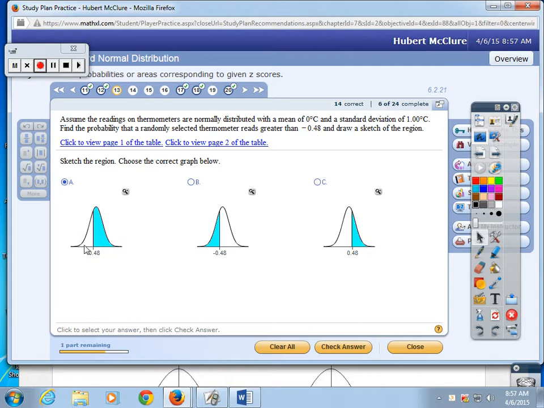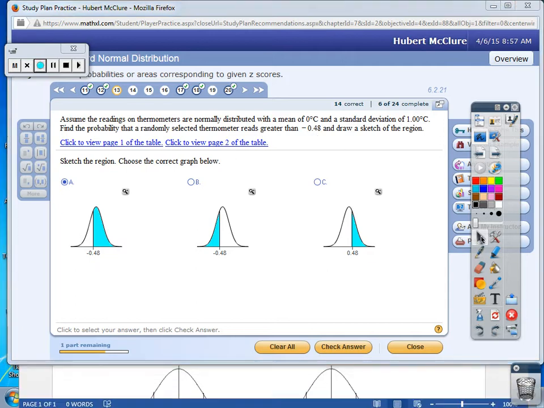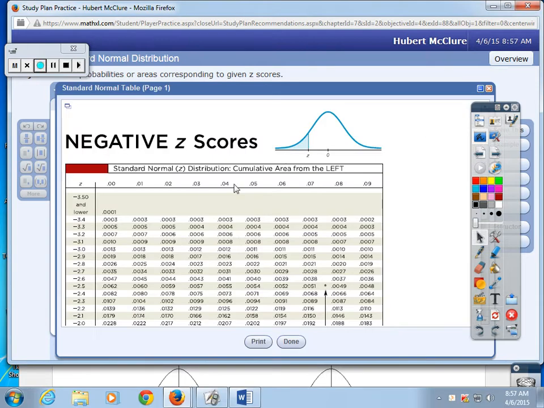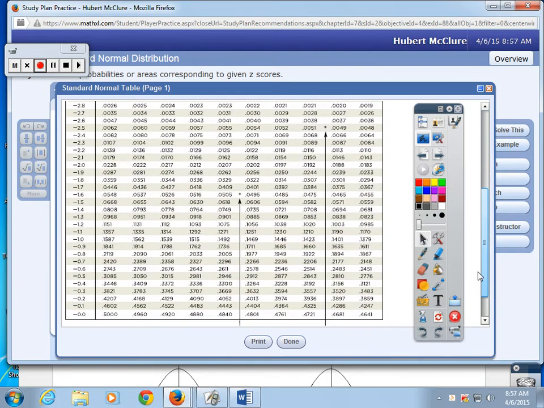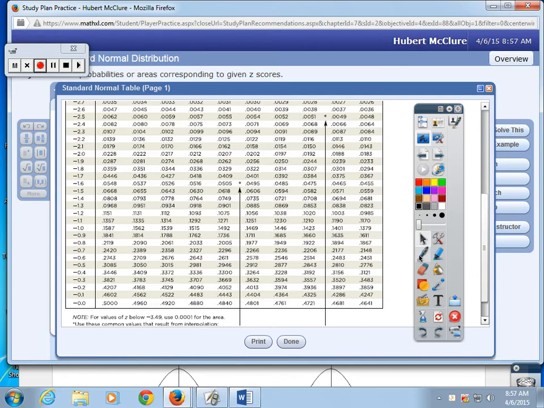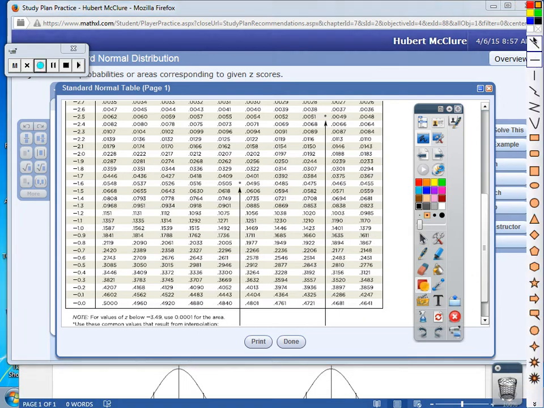So negative 0.48, take our handy-dandy table, so that'd be negative 0.4. If I could work this line. There we go. And I count over. So negative 0.4, 0, 1, 2, 3, 4, 5, 6, 7, 8.